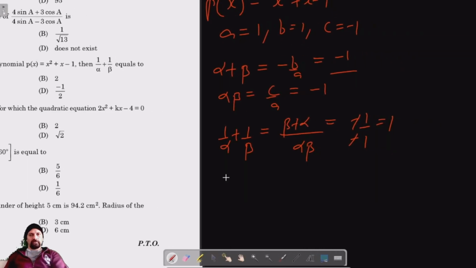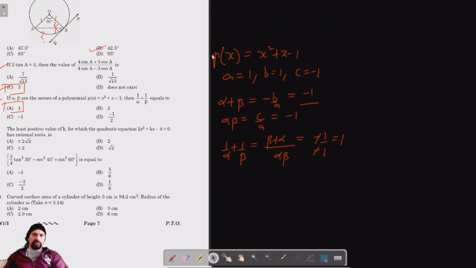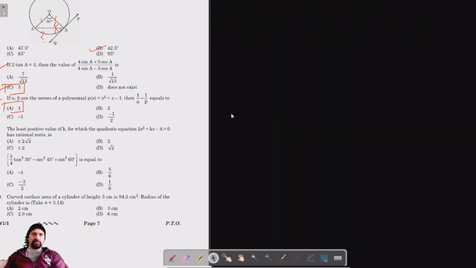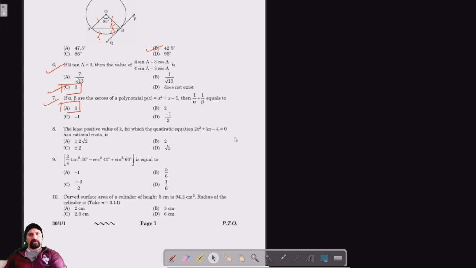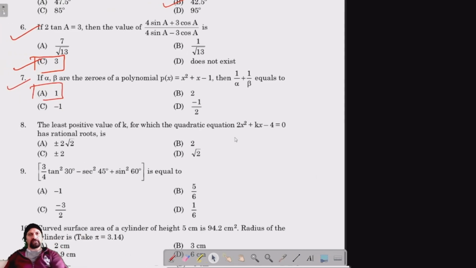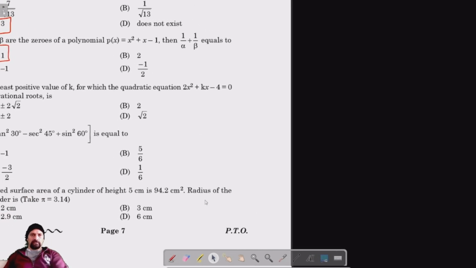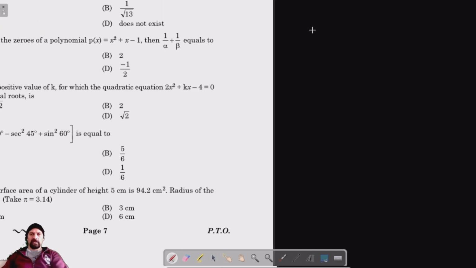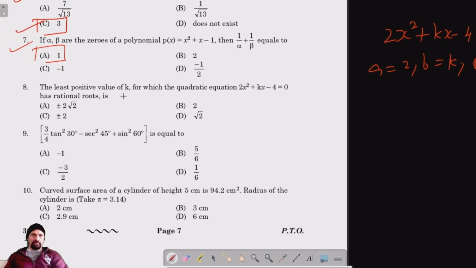Okay, now moving on to question number 8. We have to find the least value of k for which the quadratic equation has rational roots. Our given quadratic equation is 2x squared plus kx minus 4 is equal to 0, and a is equal to 2, b is equal to k, and c is equal to minus 4. So this quadratic equation has rational roots.